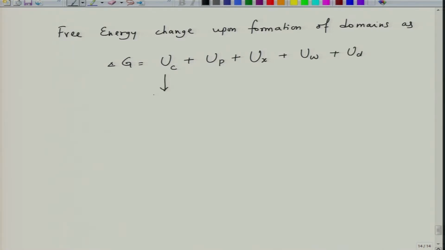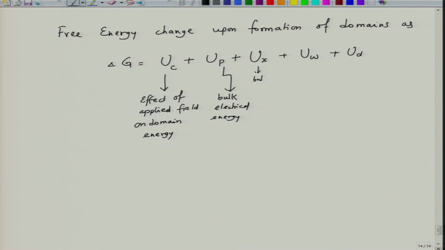Let us say UC is the energy due to the effect of applied field. UP is the bulk electrical energy, and UX is the bulk elastic energy.